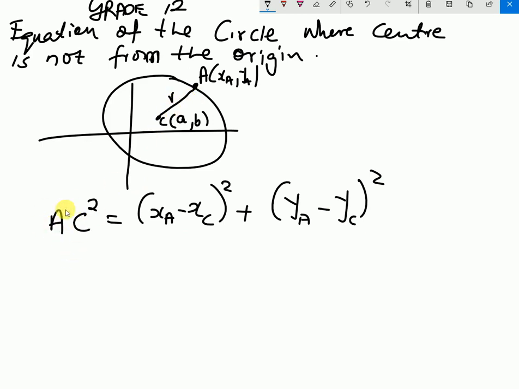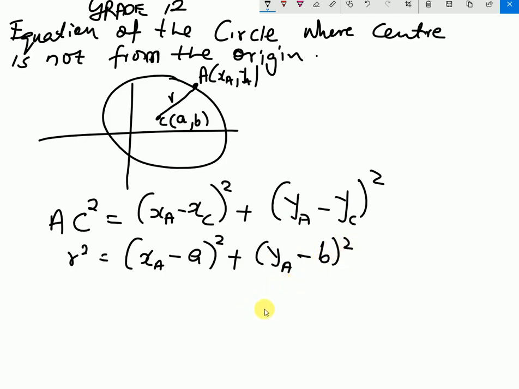Let's just plug in r here without wasting time. r squared. Well, the x at A is just the x at A. Let's put the x at A minus the x at C, which is a, squared, plus the y at A minus the y at C, which is b, squared. People, let me tell you something.